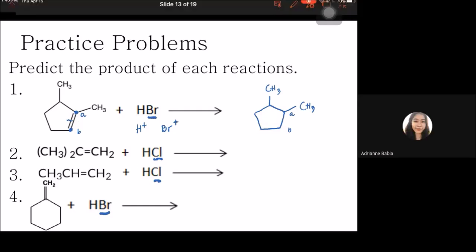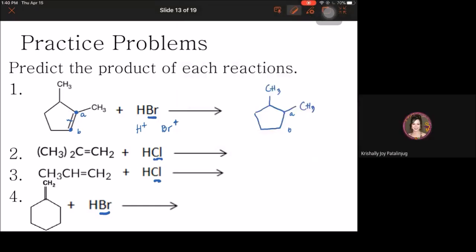Wait, ha. Ay, na-erase. Kadali lang. Okay. So, where does the H plus go? Again, your answer is carbon A.